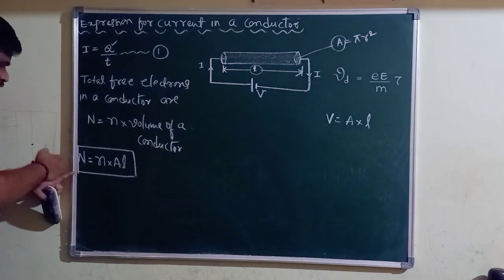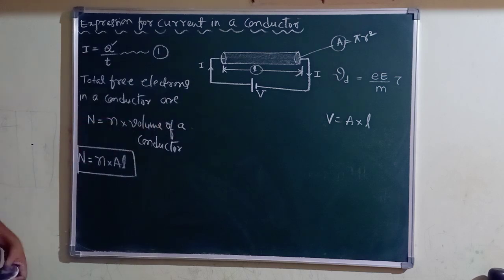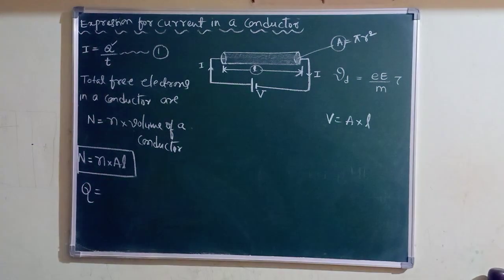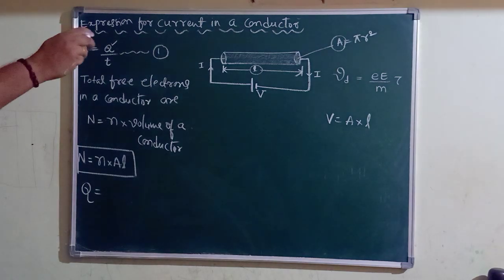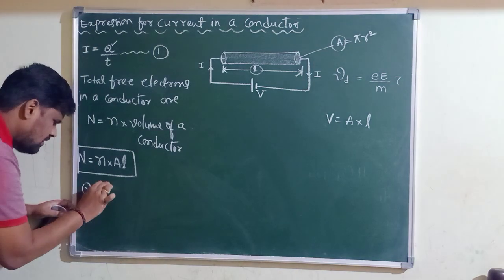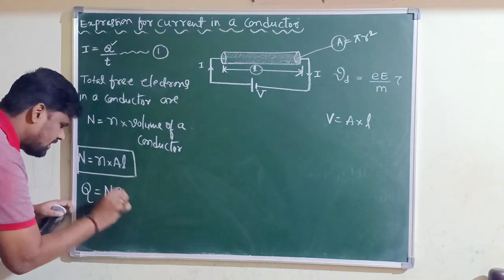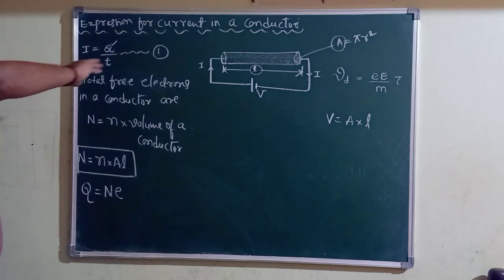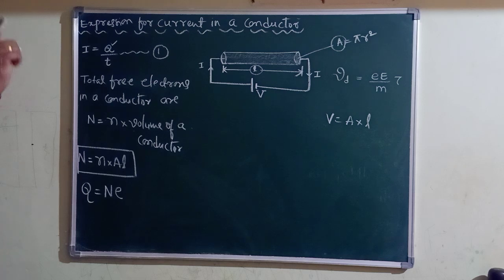If N is the total free electrons in a conductor, then total charge Q which is flowing across a conductor is given by the basic formula from electrostatics, Q is equals to Ne, where N is total electrons which are flowing in a conductor, e is charge of each electron.